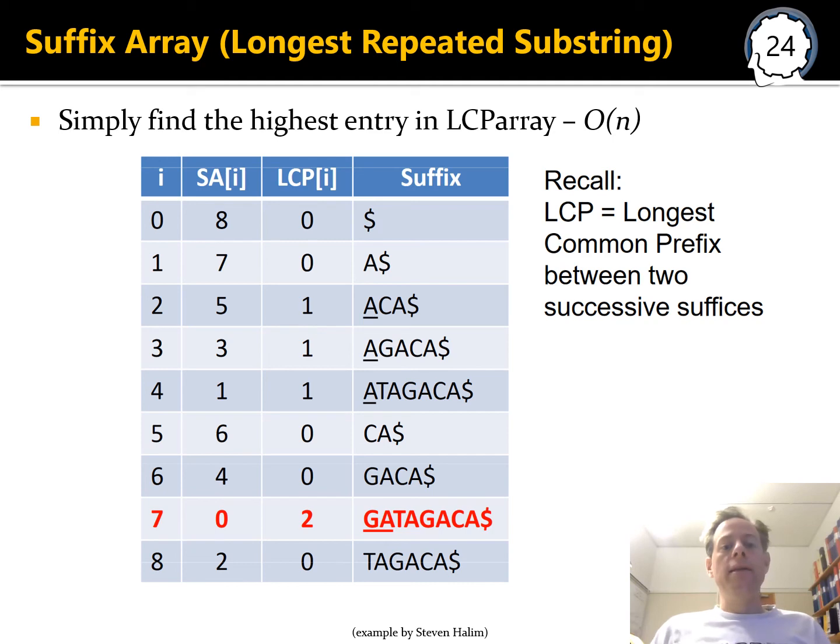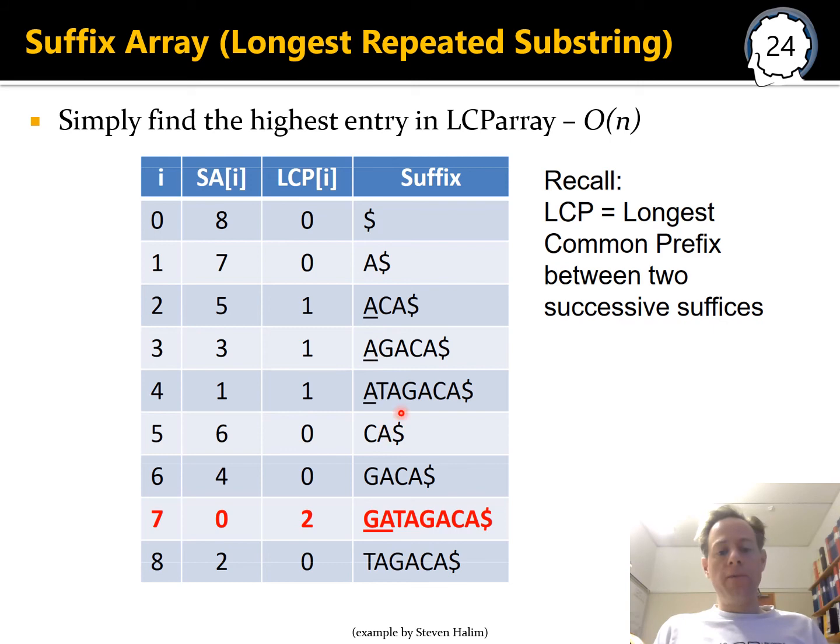The second is that we want to find the longest repeated substring. So what we do here is that we compute the longest common prefix array. Basically, we just check if the previous is a prefix. In this case, A is a prefix here, and the longest prefix of these two is still 1.